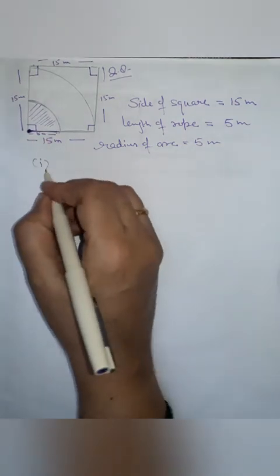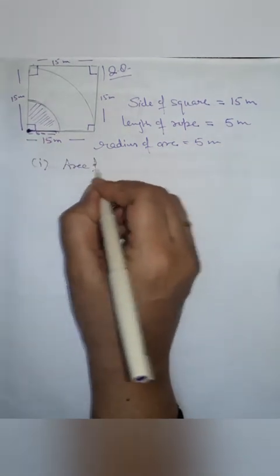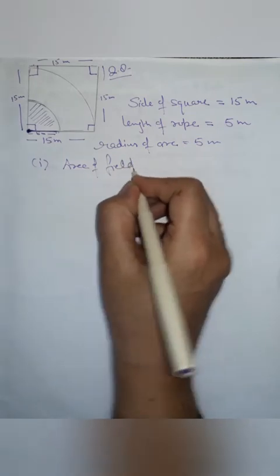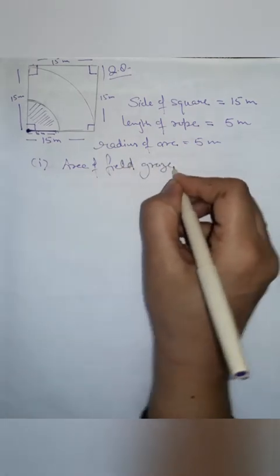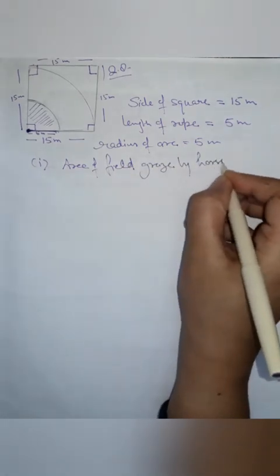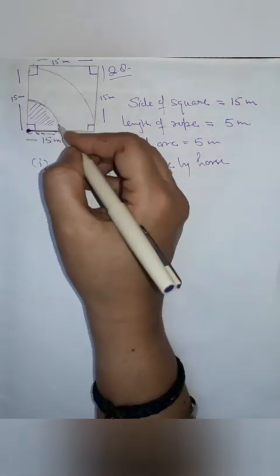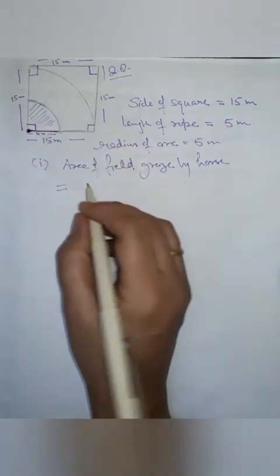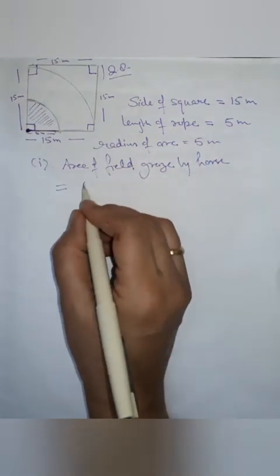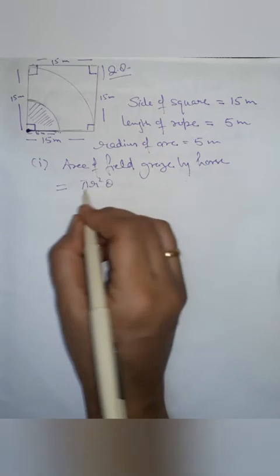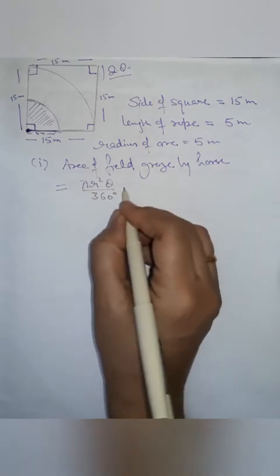Now first part, area of field grazed by horse. This is a sector and this sector is a quadrant of circle because this is 90 degree. So area of field grazed by horse is pi r square theta upon 360 degree.